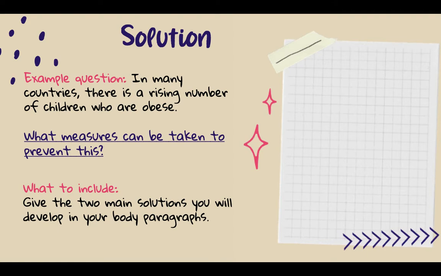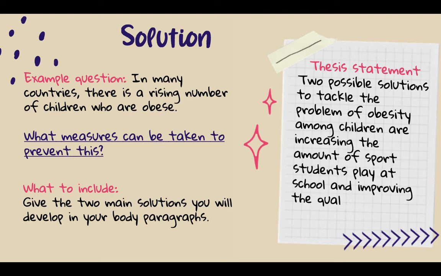And those are the ones that you should include in your thesis. For example, two possible solutions to tackle the problem of obesity among children are increasing the amount of sports students play at school, solution 1, and improving the quality of school food, solution 2.